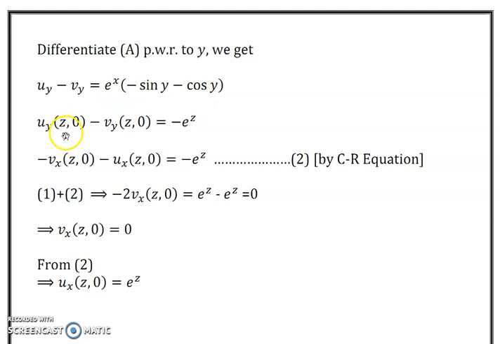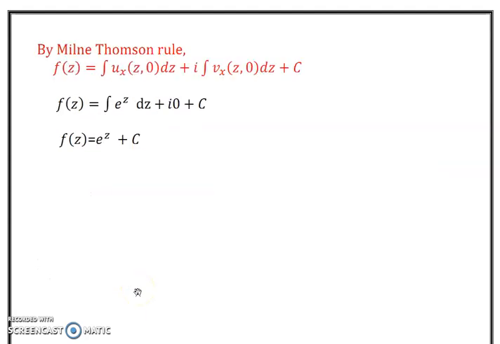Now you find uy of z comma 0 minus vy of z comma 0 equal to minus of e power z. Now adding 1 and 2, you get minus of 2 vx of z comma 0 is 0. From 2 we get ux of z comma 0 is e power z. By using Milne-Thomson rule, you substitute ux of z comma 0 is e power z, then f of z is e power z.